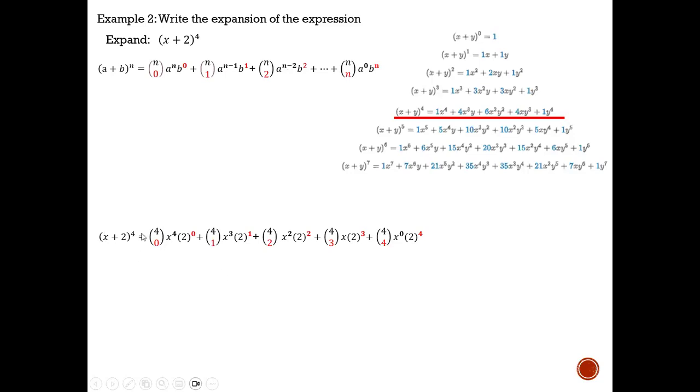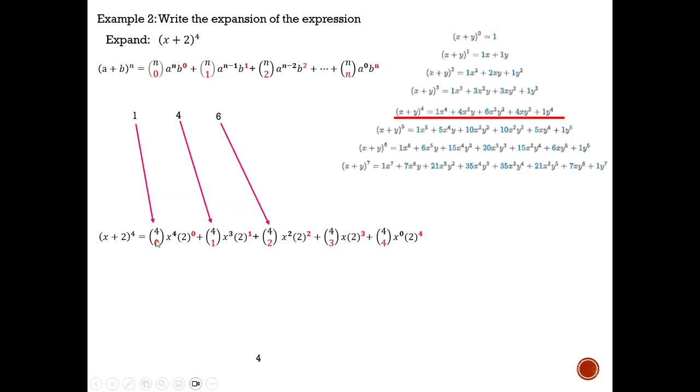X starts to the 4th power, x to the 4, then 3, then 2, then 1, then 0. And then our next term is 2. We start with that term to the 0 power and increase 1, 2, 3, all the way to 4 till we get to n, okay? The numbers in front, if you recall, we do have a formula to get that, but we can also remember that they would match here from the triangle.